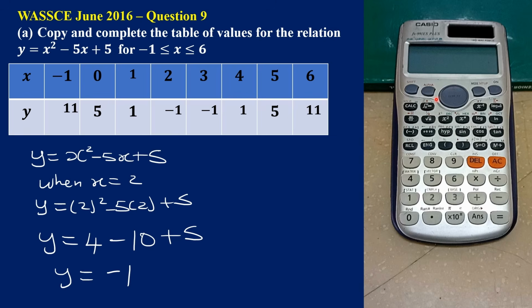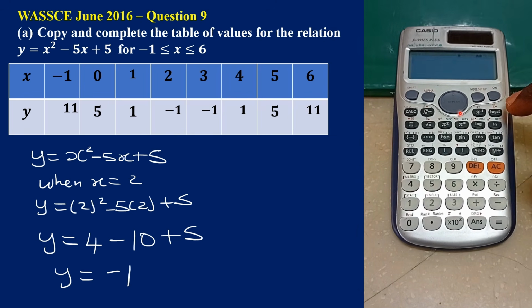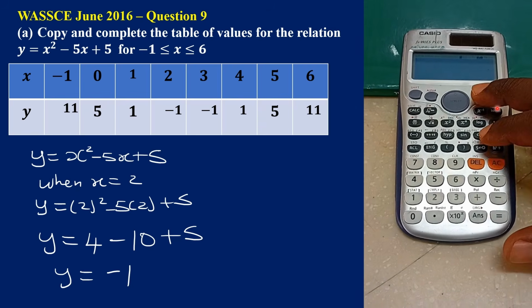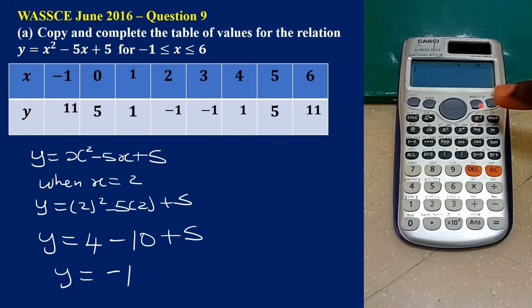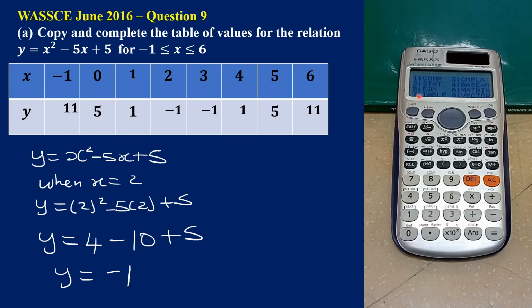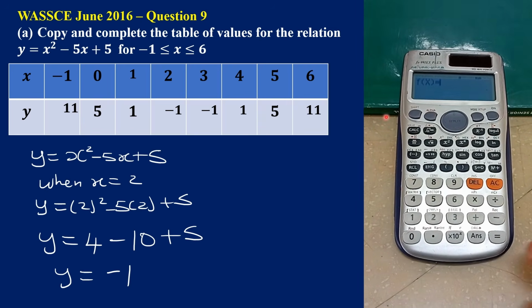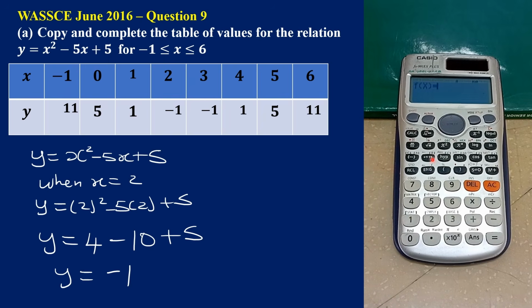So to use the calculator, first you on the calculator, press mode, and choose table. That is number 7. And enter the relation.